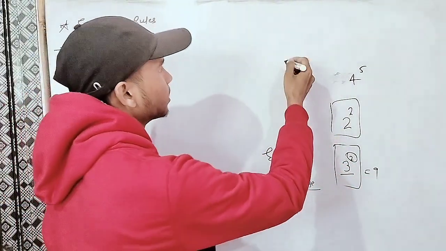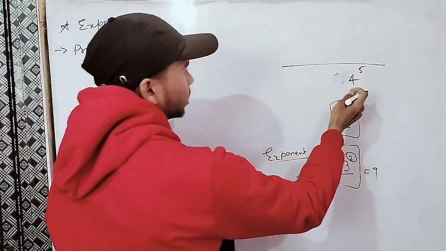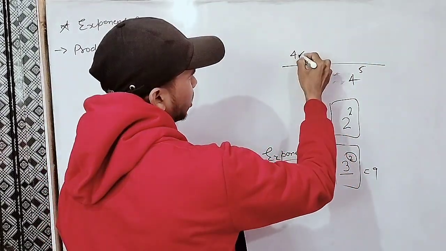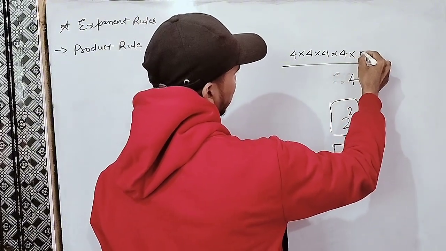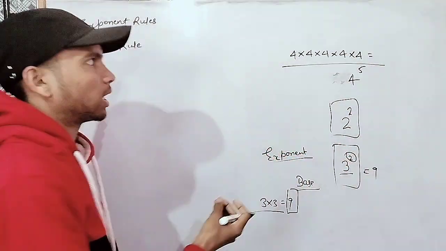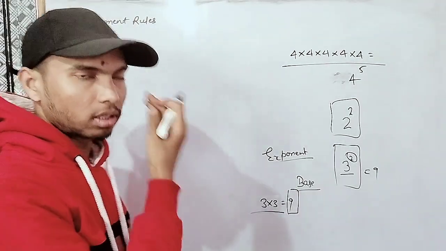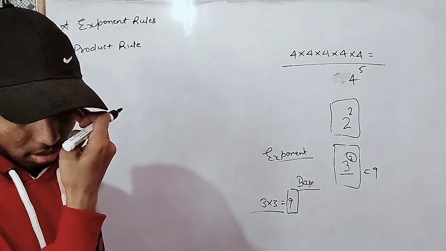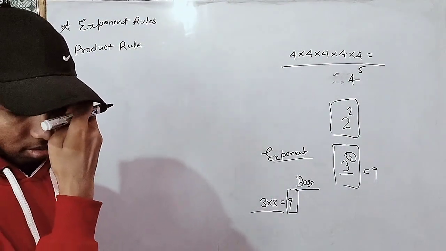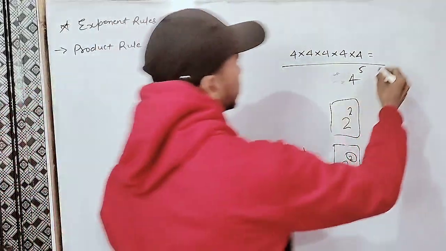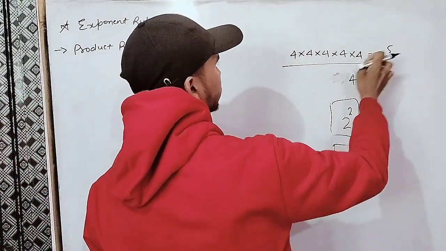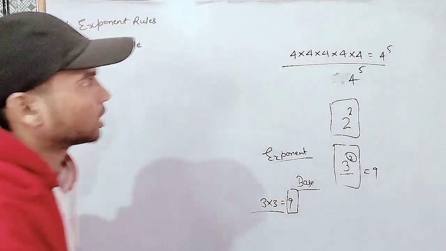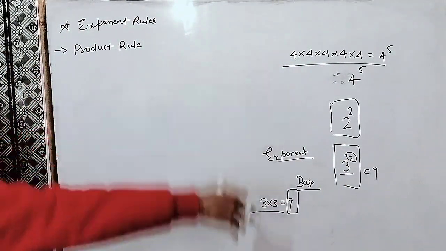So it is saying, now you are clear, it can be written as 4 how many times? 5 times. Now you will multiply it, then you will get the answer. Similarly, here you can write 4 how many times? 5 times. This is a way to write it.